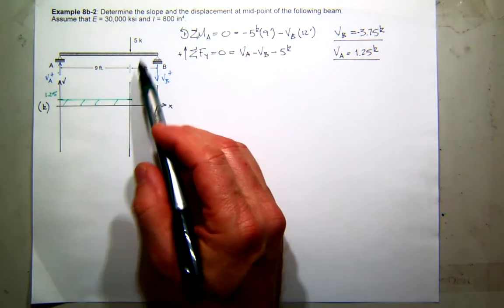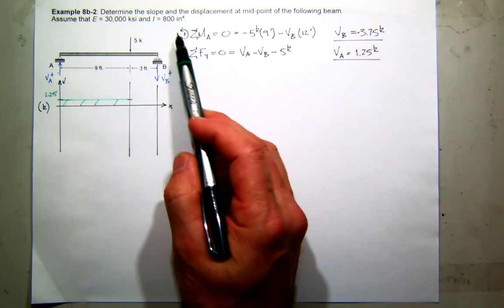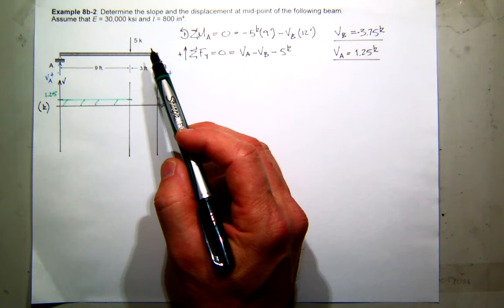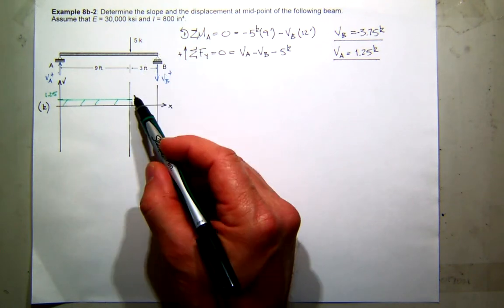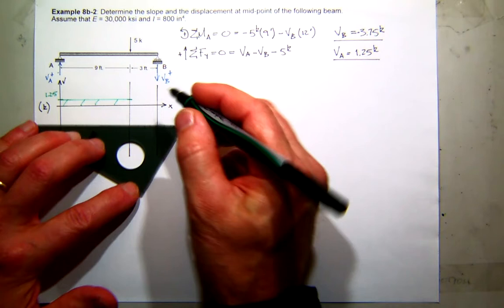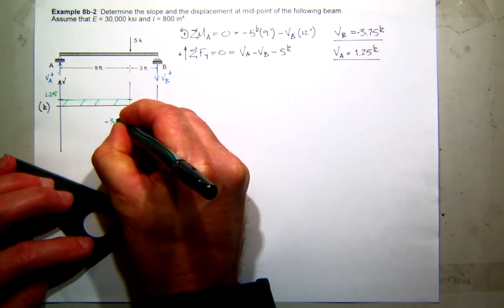Now, as you go from the left side to the right side underneath this point load, how much does your shear change? 5, the exact amount. And that's down, so that's negative. So 1.25 minus 5 brings me to minus 3.75.